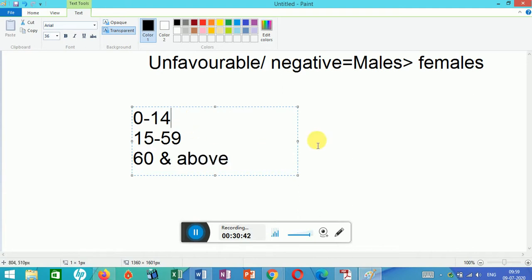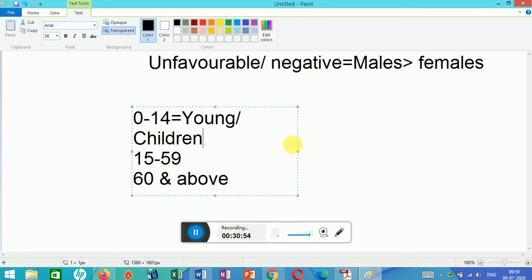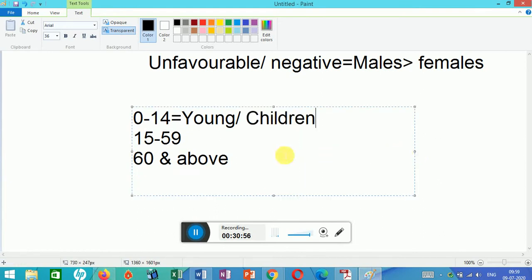The first age group is known as young or children. Then the second one is known as adult, and the third one is known as old people.